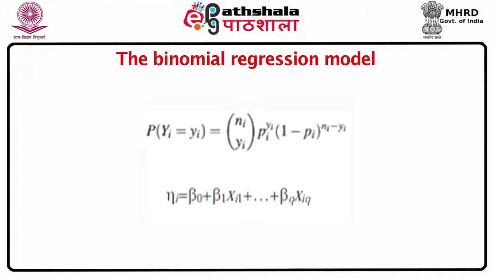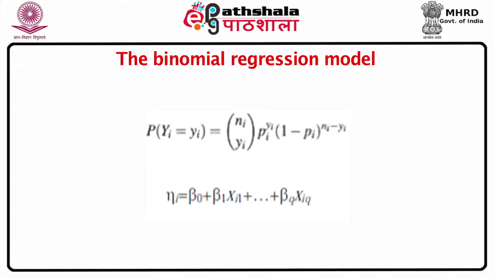On the second line of the slide, I have introduced something called the linear predictor, which I will refer to by eta_i. So eta_i is simply a linear function of the covariates and also of the parameters.